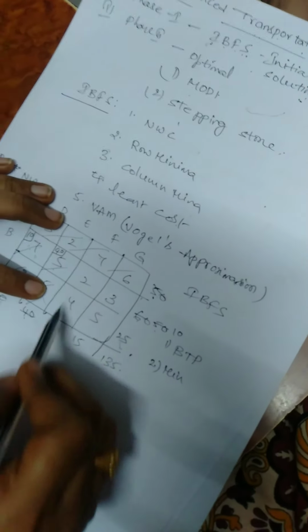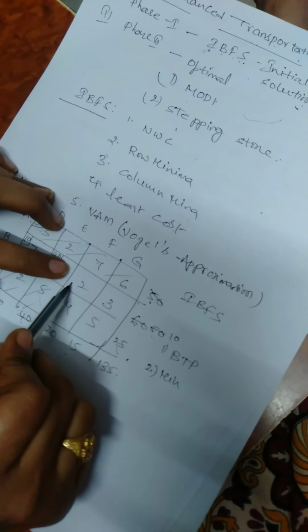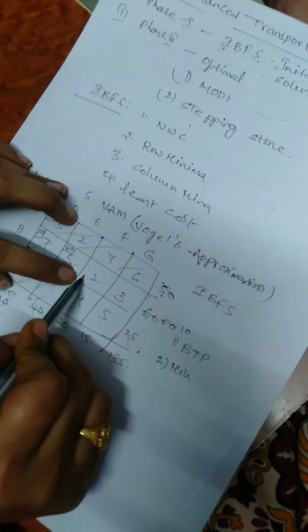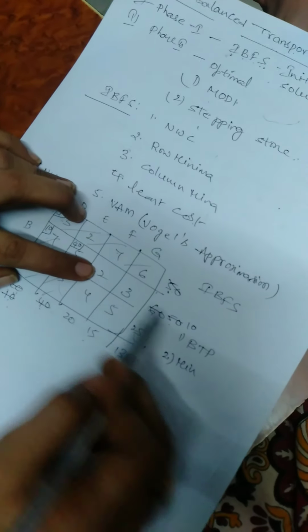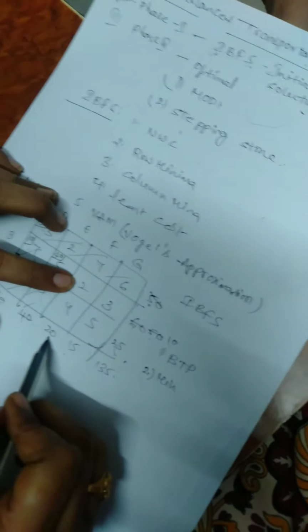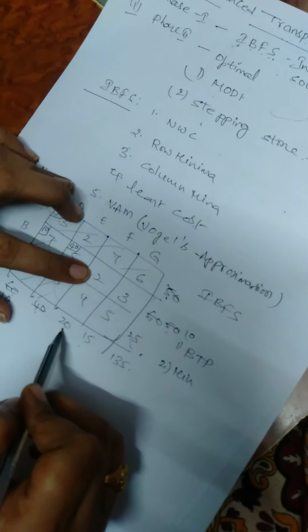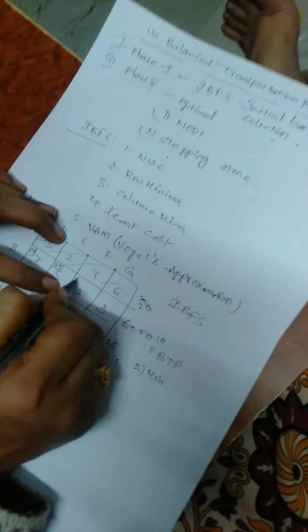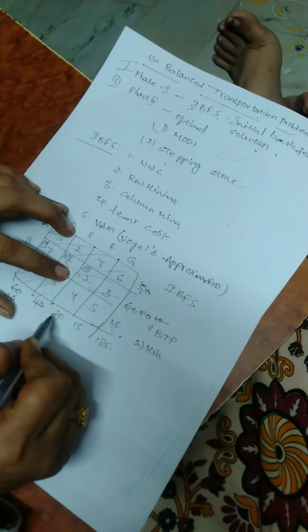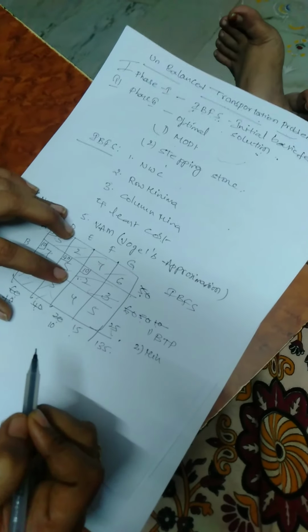Coming to this 2 by 2, the cell 2 3 is the northwest corner, and here the supply is 10 and the demand is 20, so the lesser number is 10. Strike off this and here 10 units left over.